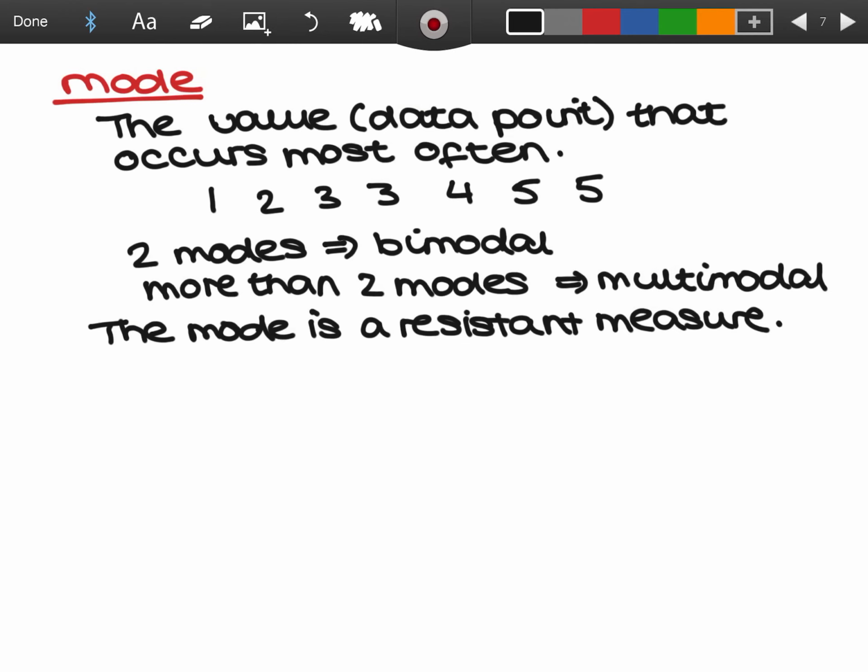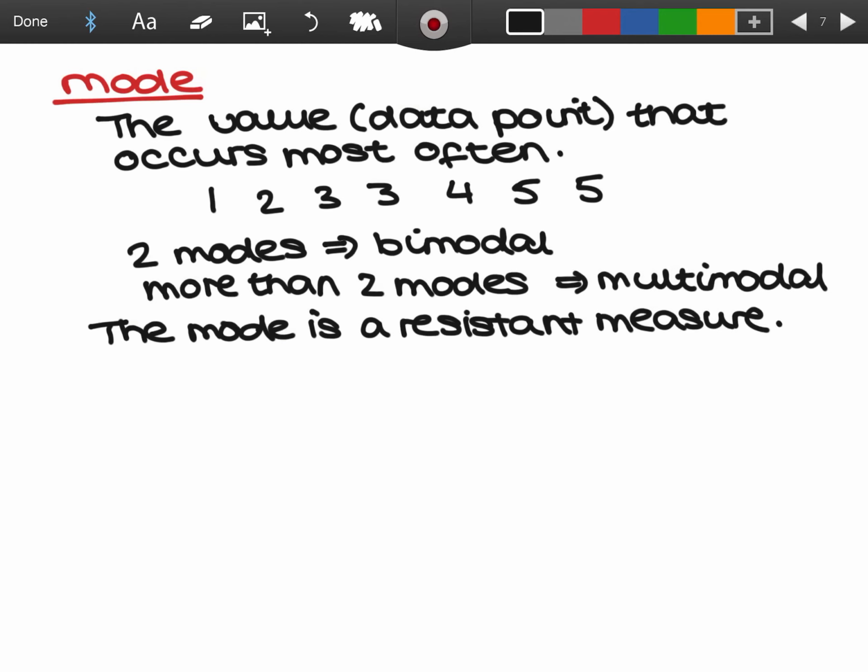The mode is also the only measure that can actually be applied to qualitative data. When you have data that is in words instead of just numbers, it's the only one that you can really use in that situation, because you can have something like a modal color.